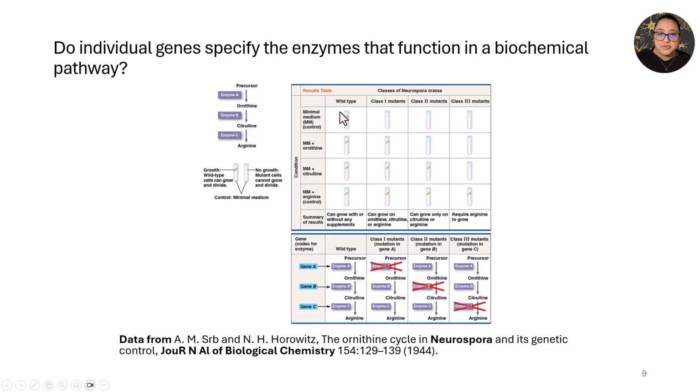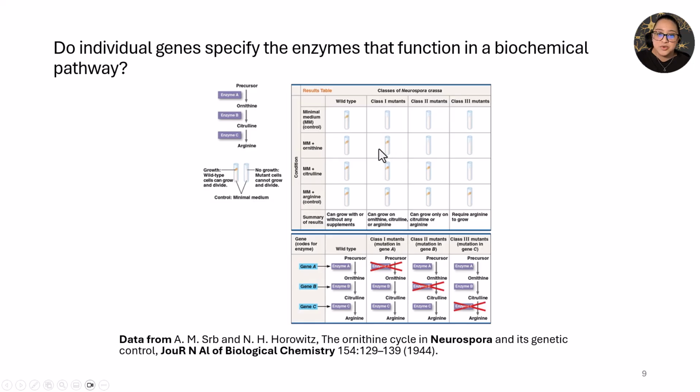When he grew stuff on the minimal medium with nothing else added, wild type grew, these other mutants did not grow. When he grew stuff on the minimal medium plus ornithine, a molecule, this grew, of course. It didn't really need extra ornithine, but it grew because it can make its own.